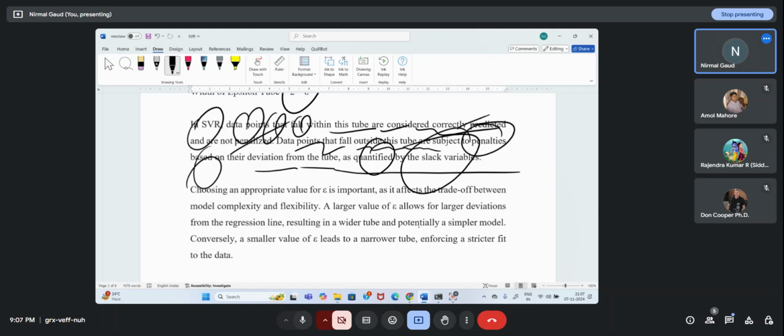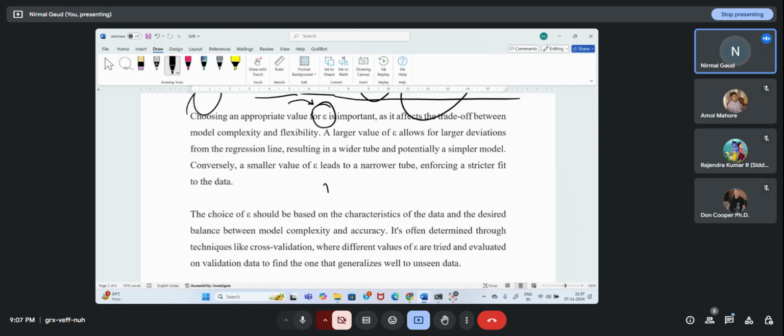Now, sir, what is the problem here then? The problem here is choosing an appropriate value of epsilon. What should epsilon be? Because you are saying the width is 2 epsilon. That will be like our optimization problem.